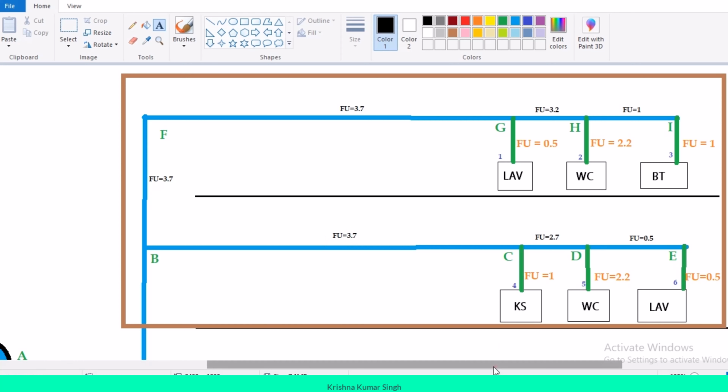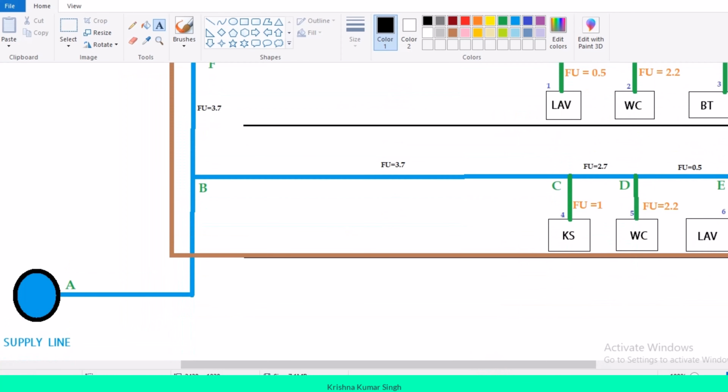Now finally, for this service pipe, A and B. The service pipe is basically up to the entrance of the building, but I am considering this A and B section complete.